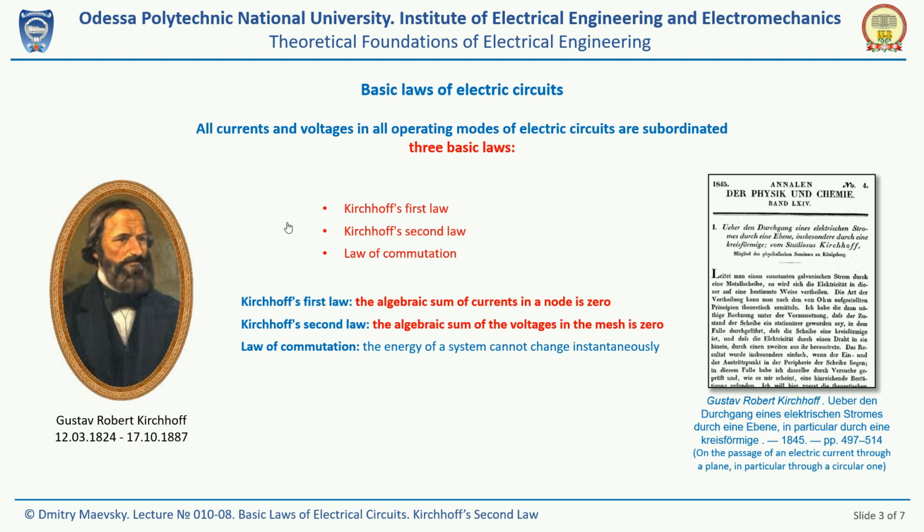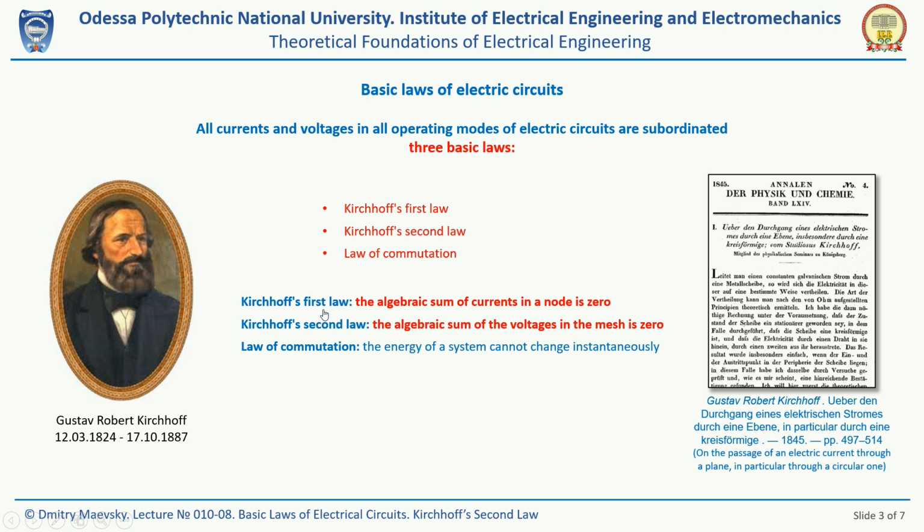Once again, about the basic laws of electrical circuits. We know that there are only three basic laws of electric circuits: the first Kirchhoff law, the second Kirchhoff law, and the law of commutation.